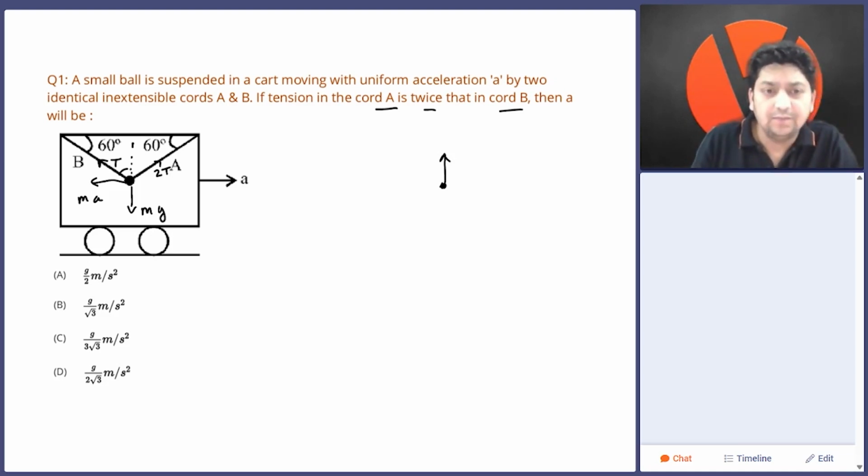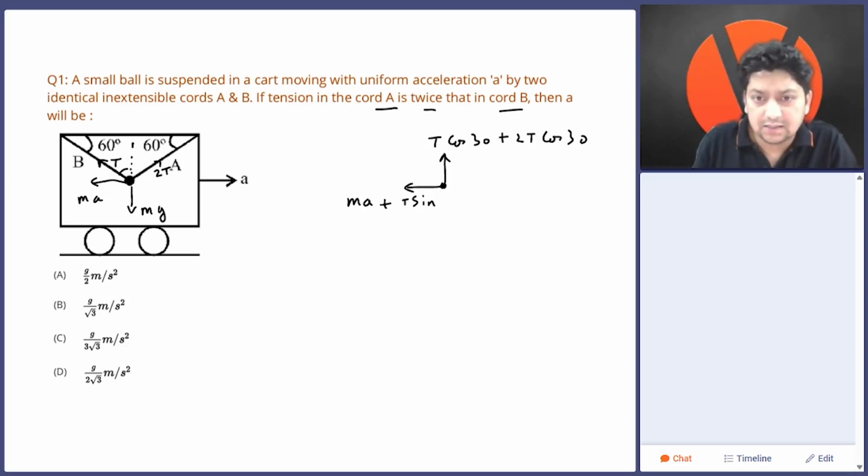This angle will be 30 degree, and if this is 30 degree, then in this direction T cos 30 and 2T cos 30 will be acting, and in this direction there is ma plus T sin 30, and in this direction 2T sin 30 will be there, and weight will be acting in the vertically downward direction.